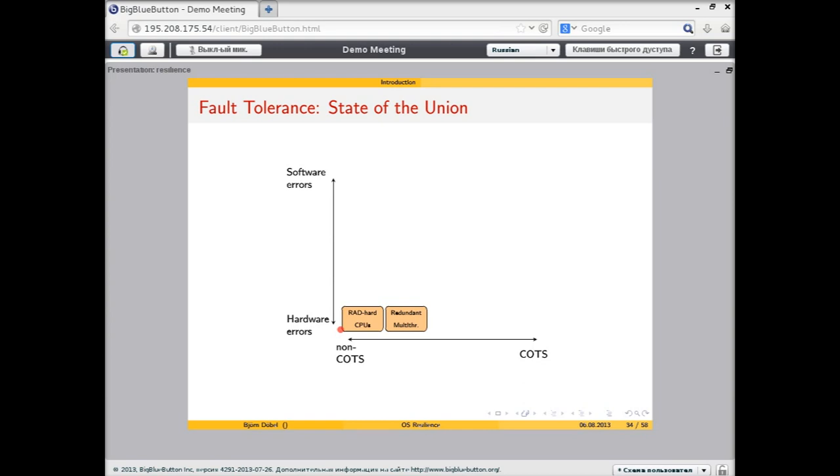For instance, by placing 3 CPUs on the same board, performing the same actions and comparing the states of the CPUs all the time. And this is, of course, very expensive. If I'm saying very expensive, then, for instance, the CPUs used in the Mars Curiosity rover, the last vehicle that NASA put onto Mars, are rumored to cost about $200,000 a piece, which is fairly expensive.